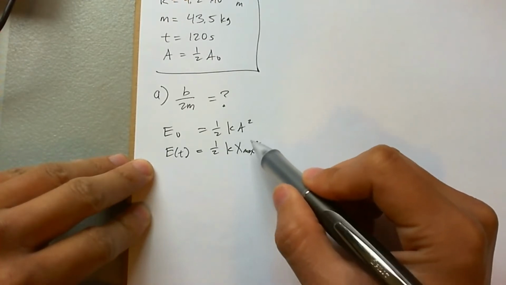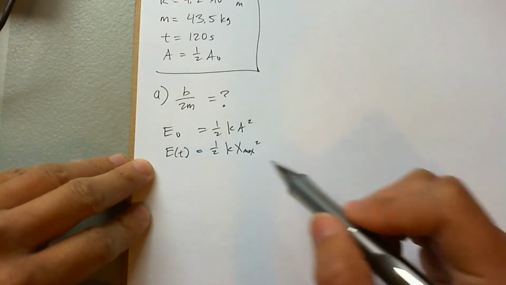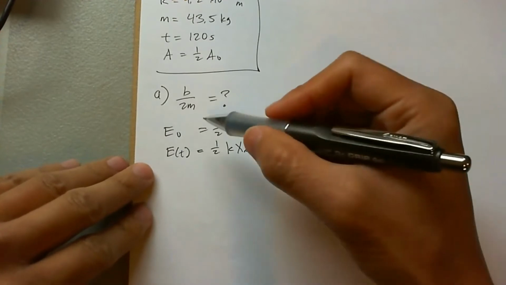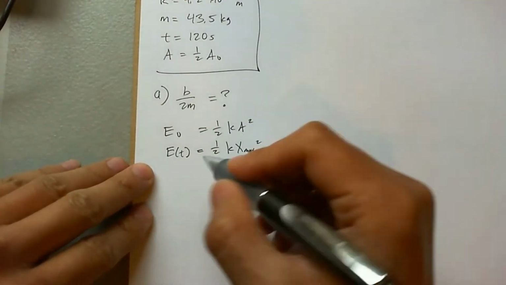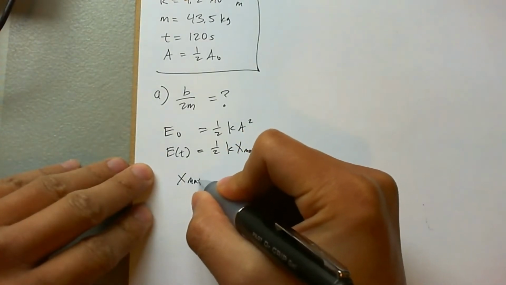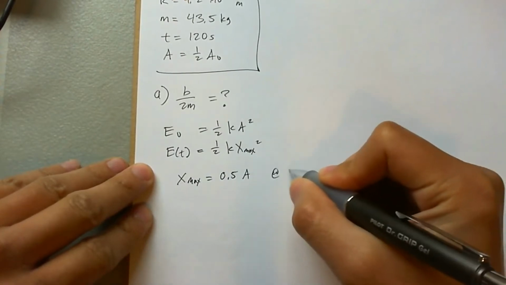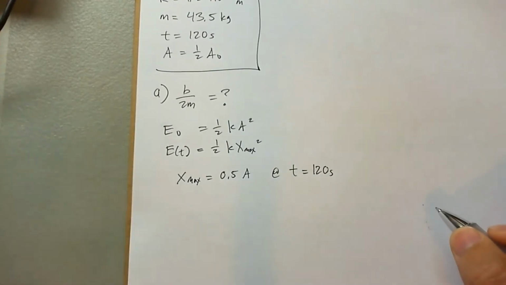You could probably guess that x max is going to be less than the amplitude after the damping happens through time. So we use this equation to relate E of t with E naught, given that x max is going to equal half of A at time equals 2 minutes, or 120 seconds.